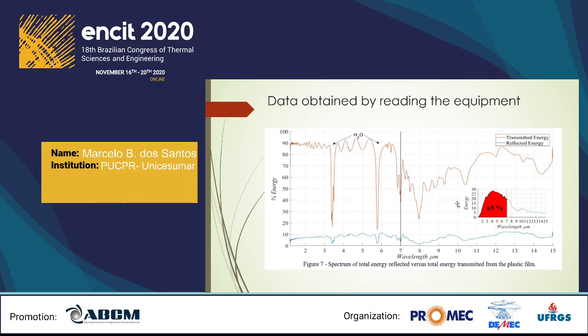And some of it is reflected. We show in this graph some peaks of absorption because we have in the air water in the state of vapor, and water in that state absorbs some energy.